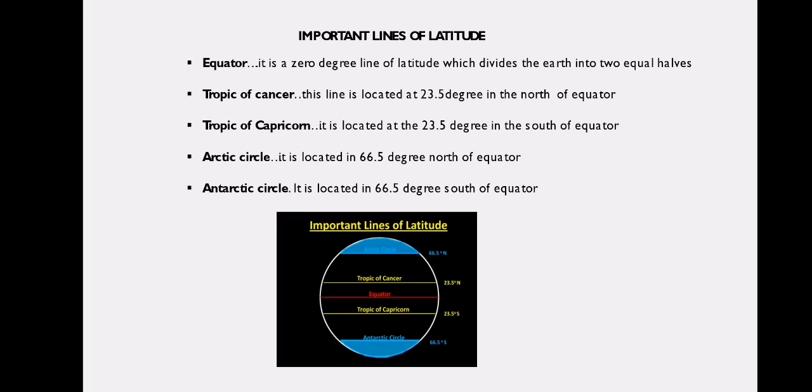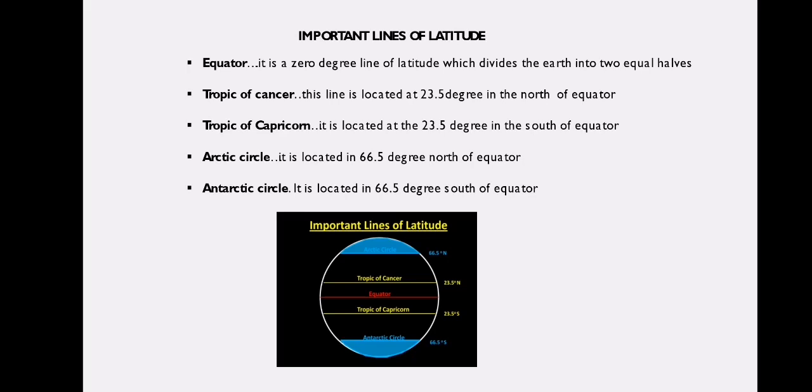It lies in the southern hemisphere, at 23.5 degrees south of the equator. These 2 degrees of latitude also tell us the difference of climate. As we proceed from the equator northward or southward, up to this degree, we will see on the earth that the climate is hot.